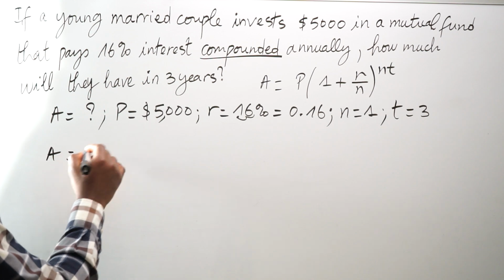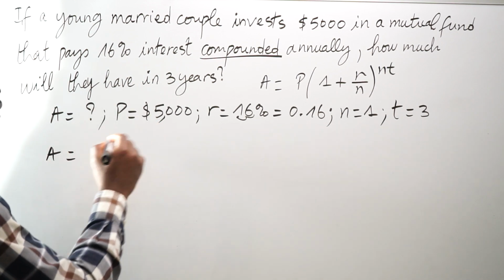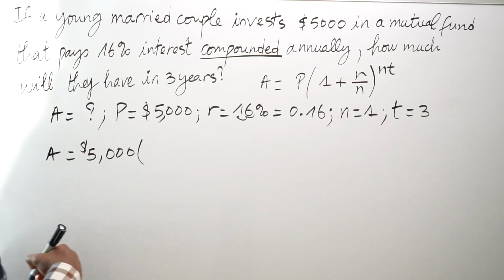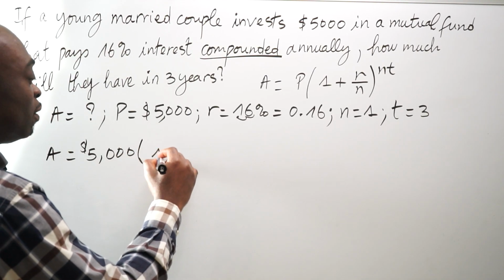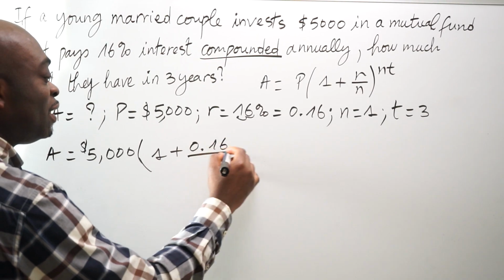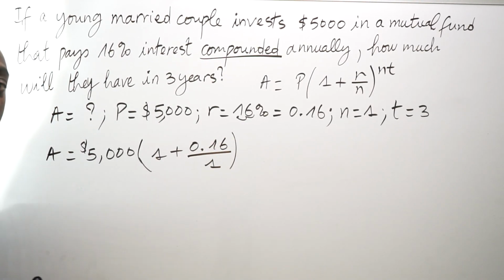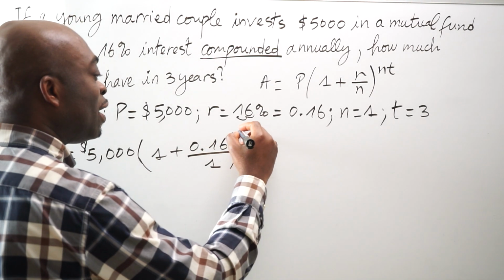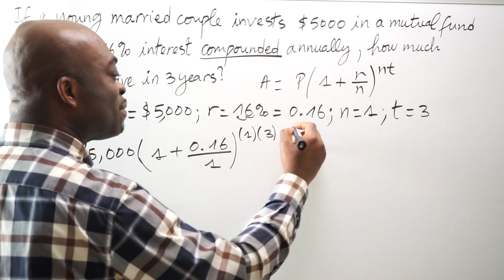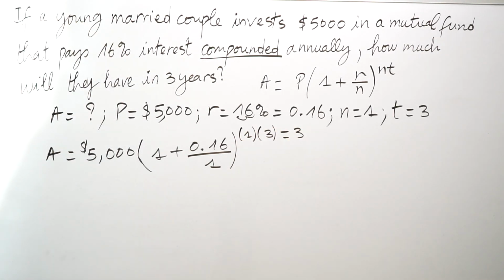So A equals what? A is going to be equal to the principal, which is $5,000, times 1 plus the rate we just found, which is 0.16 divided by 1, to the power of 1 times t, which is 3. And 1 times 3 we know is equal to 3, ladies and gentlemen.